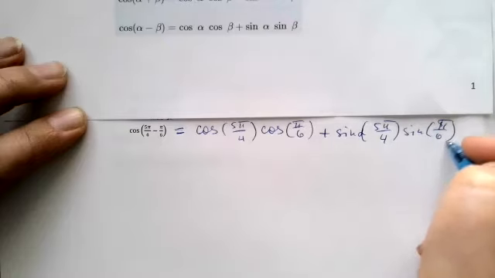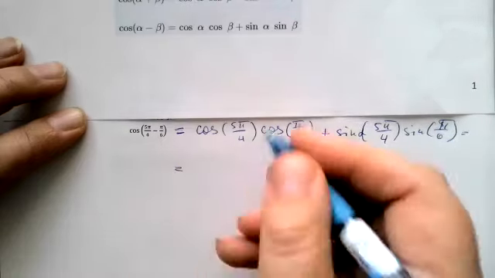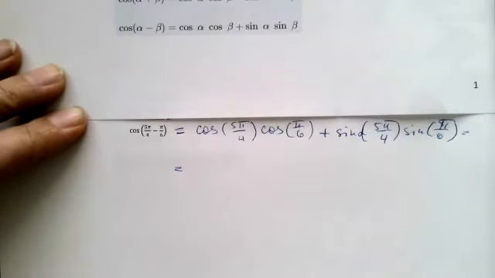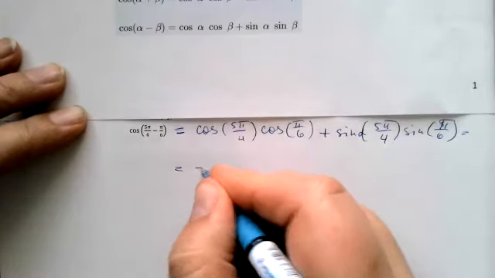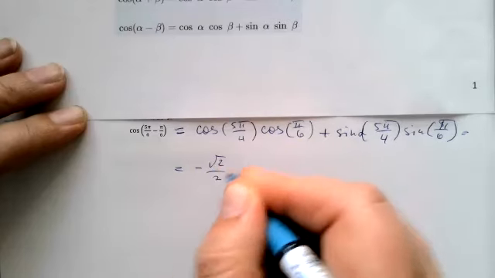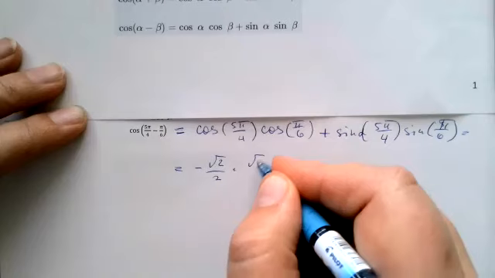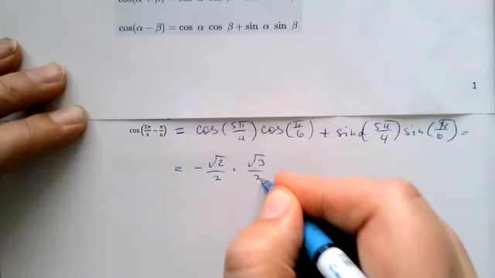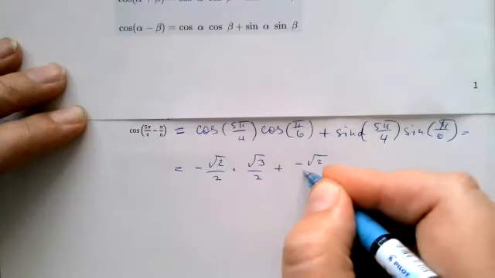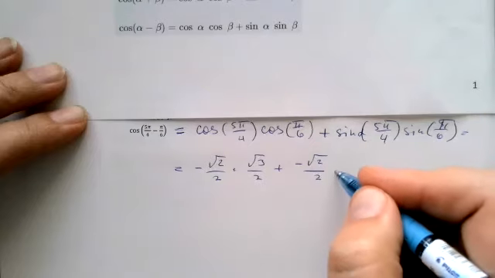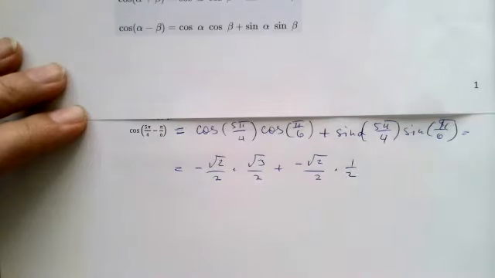So all we have to do now is to actually plug in the values that we know from the unit circle. And what are we going to get? We're going to get negative root of 2 over 2 multiplied by root of 3 over 2 plus a negative root of 2 over 2 times 1/2.